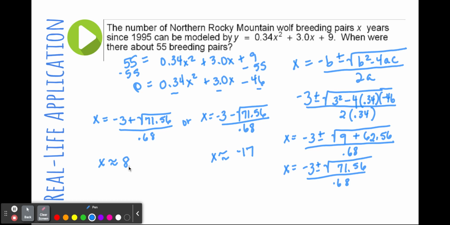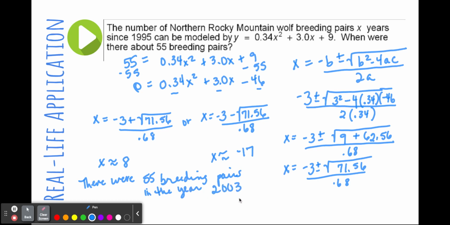And if we calculate that, that's 1995 plus 8, there were 55 breeding pairs in the year 2003, because 2003 is 8 years after 1995.